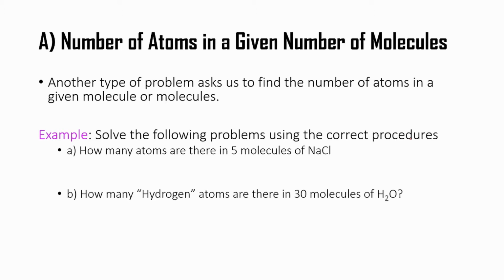This is similar to what we've done before, except this time we're doing it in the context of chemistry. Another type of problem asks us to find the number of atoms inside a given molecule or molecules. For example, how many atoms are there in 5 molecules of NaCl?